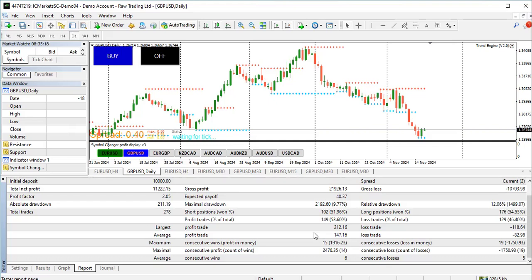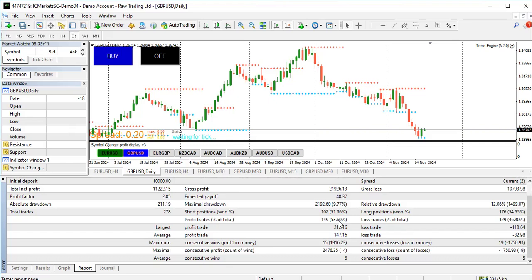Usually your average profit trade for a good system should be more than the average loss trade, which is what we have here. All right, this is almost getting to double of the average loss trade. And then the largest profit trade again should be greater than the largest loss trade. As you can see, profit trades won just about 53.6%.